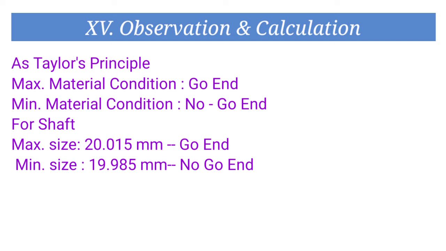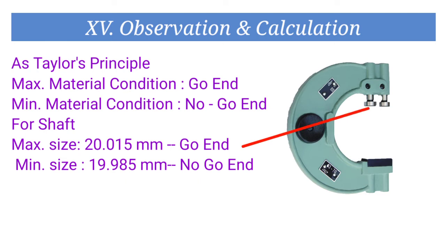For the shaft, by considering the tolerances, the maximum size is 20.015 mm. So the shaft having the maximum size has to be considered as the maximum material condition, so this dimension should be assigned as the go end for the snap gauge.